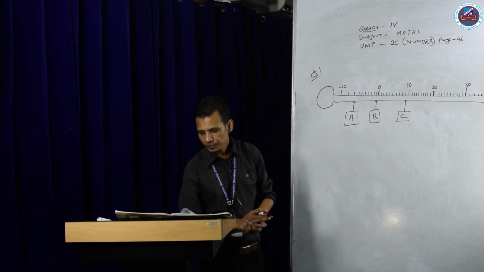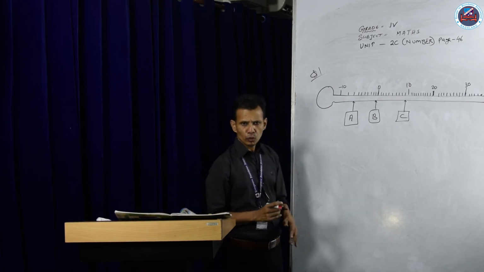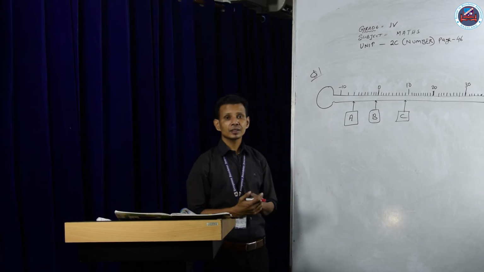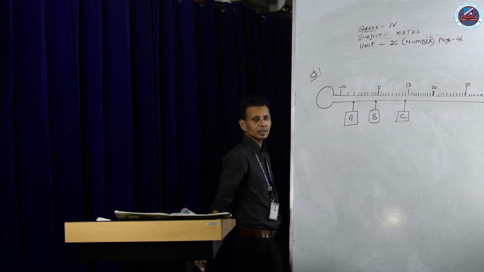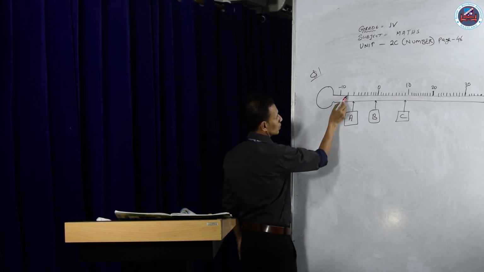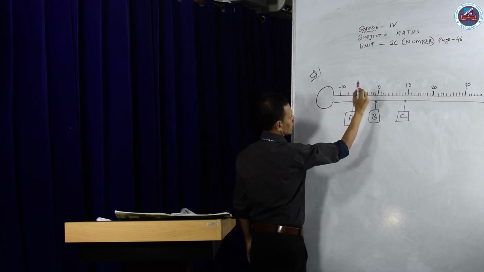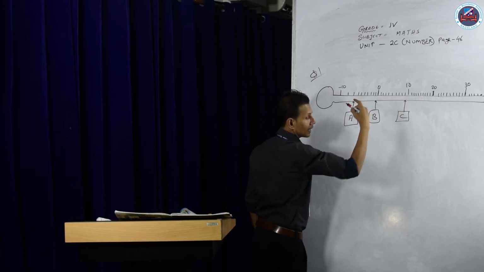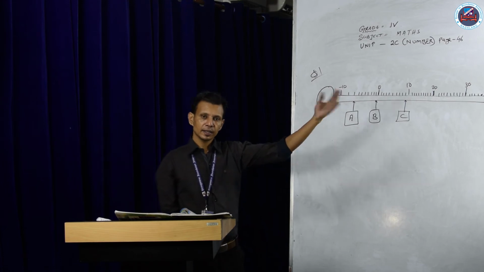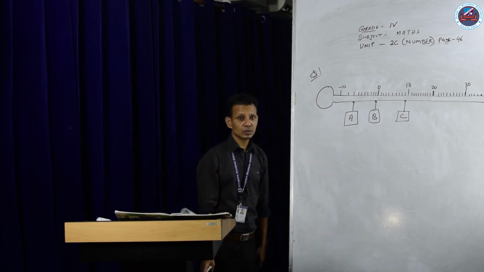Before working out, first count the divisions between two numbers, between minus 10 and 0. 1, 2, 3, 4, 5, 6, 7, 8, 9, 10. It's 10, same everywhere. So now we understood it's 10.